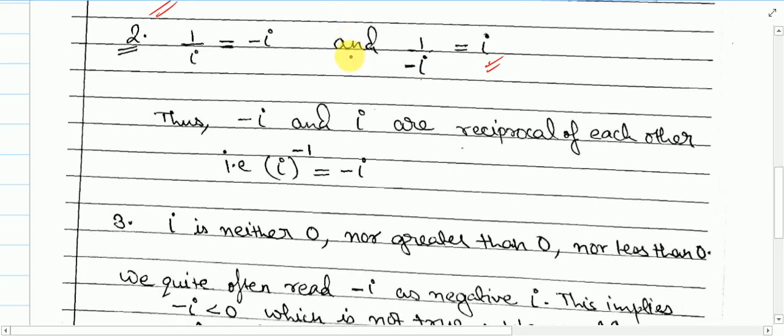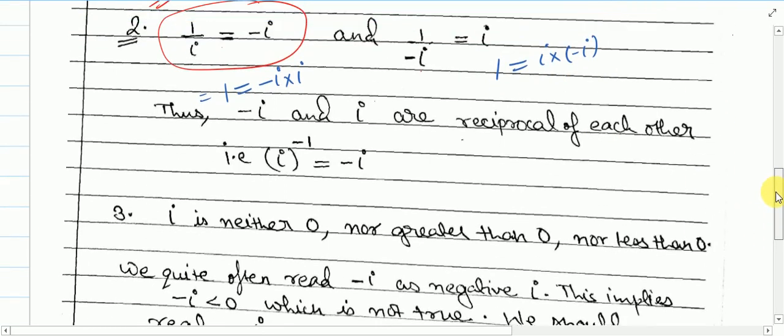So here what do you observe is, from this one we will get 1 is equal to minus i into i, and from here also we observe that 1 is equal to i into minus i.